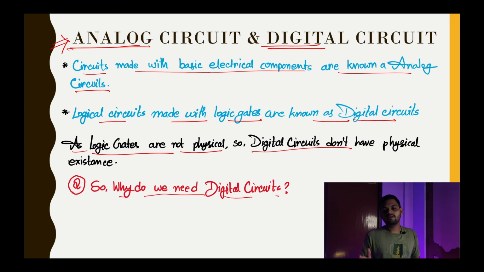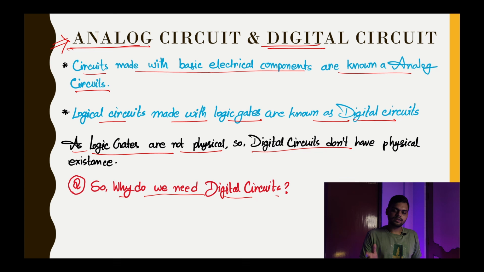After 1,000 years, you can still use the digital records as on the first day, but you can't even consider the analog records because they will have degraded. So this is the main reason why we shift towards digital circuits.